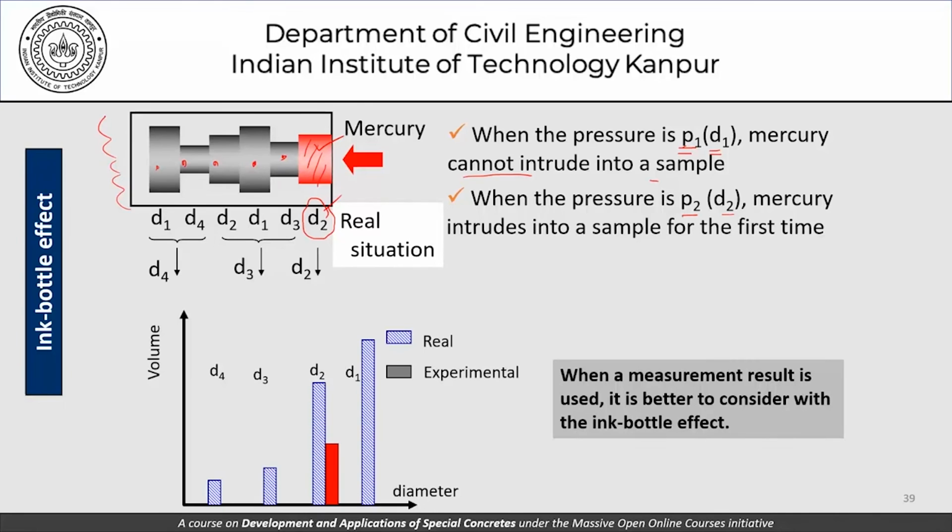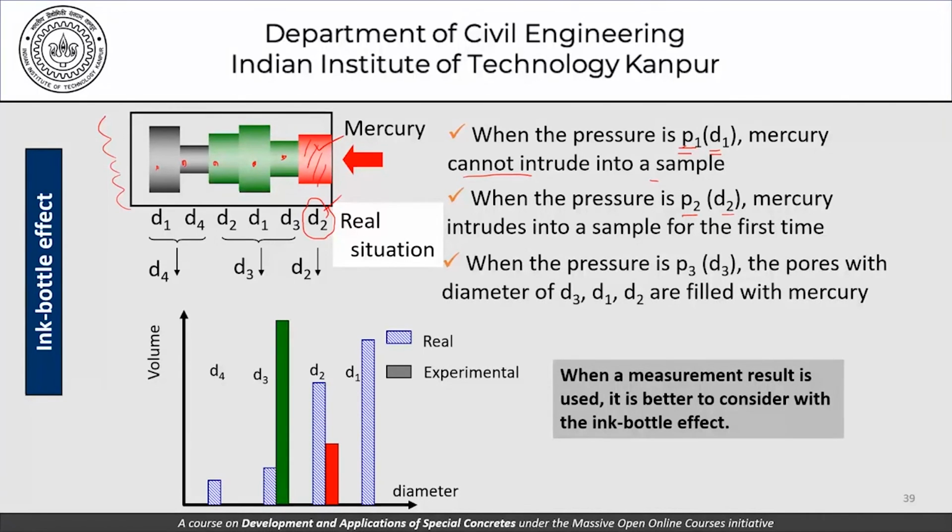In the next pressure step, when we go to P3, it's not only this diameter or this space which is getting filled, but also this and this, because these diameters are larger than this. The pressure being applied is for this diameter. Obviously it will fill these two diameter pores also, and that is an error. This is not the real pore size distribution.